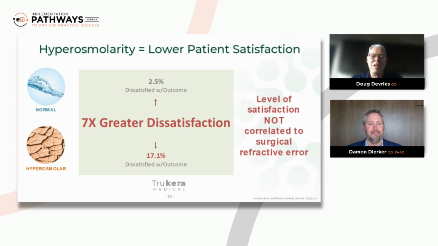It's so meaningful because with a normal osmolarity, being dissatisfied with the outcome is only going to be about 2.5% of the patients, whereas we have 17.1% dissatisfied with the outcome because of that fluctuation when the osmolarity is high.